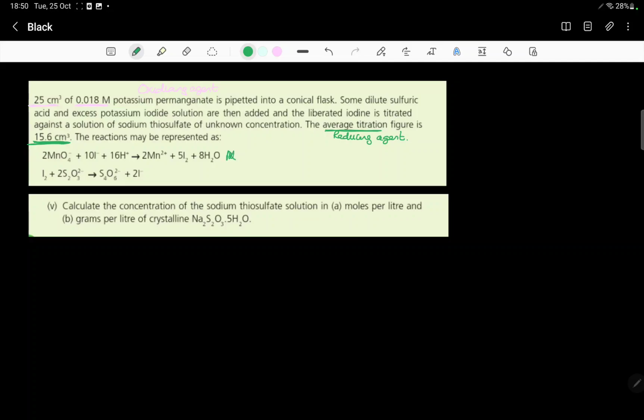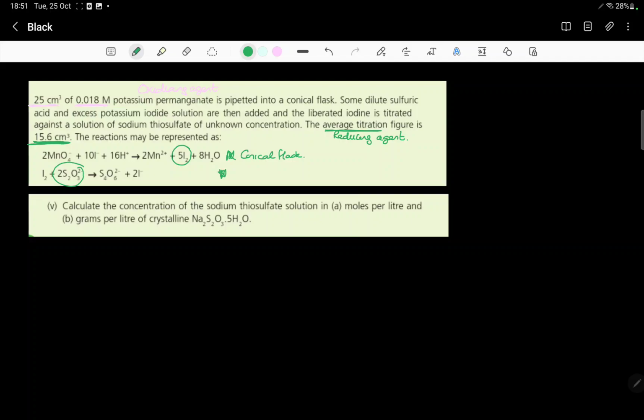We have these two equations to look at. So we have two equations because the first equation happens in the conical flask when we mix our potassium permanganate, our potassium iodide, and our sulfuric acid together to liberate this iodine here. That iodine then is titrated against the sodium thiosulfate. So we have to use both of these equations simultaneously to answer this question.